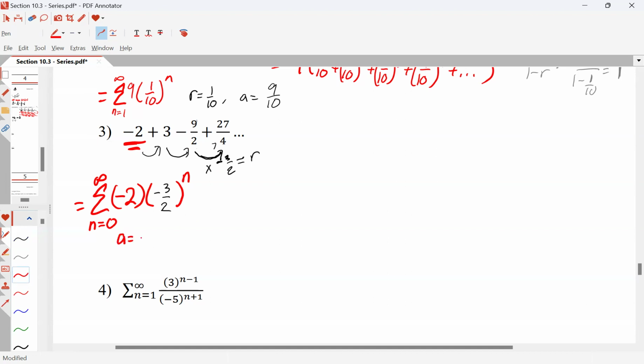So A equals -2, R equals -3. So the first thing is, does the series converge or diverge?